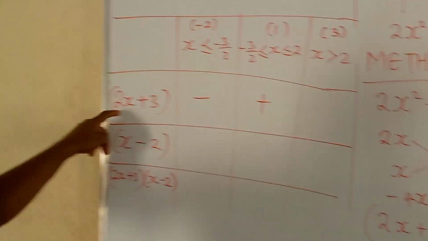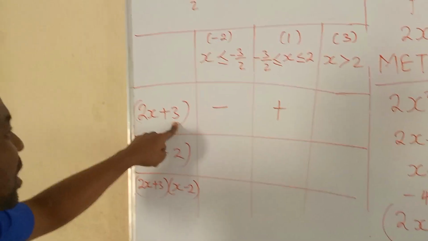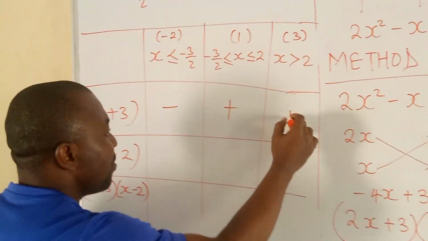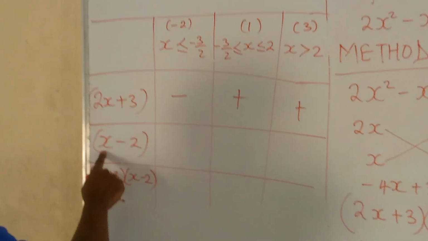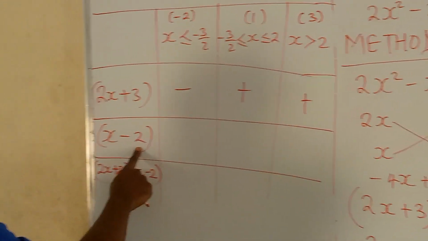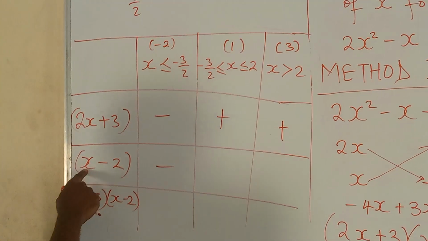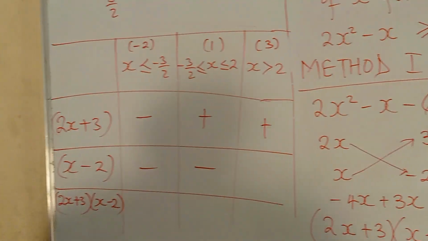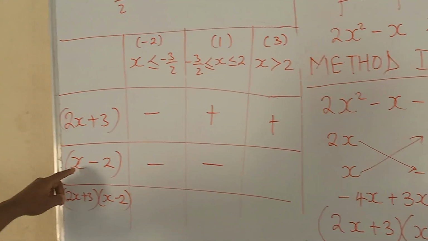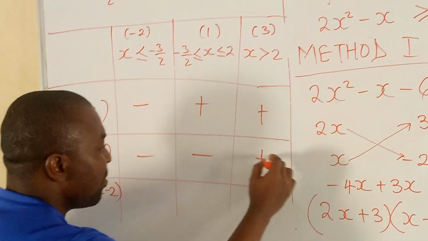If x is 3, 2 times 3, that is 6. 6 plus 3, that is 9, a positive value. If x is minus 2, this will be minus 2 minus 2, which is negative 4, a negative value. If x is 1, this will be 1 minus 2, which is negative 1, a negative value. And if x is 3, this will be 3 minus 2, which is 1, a positive value.